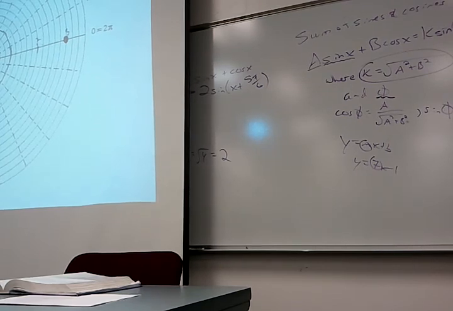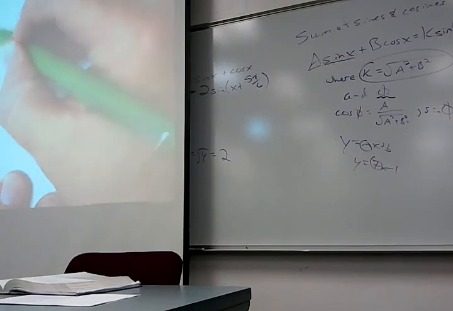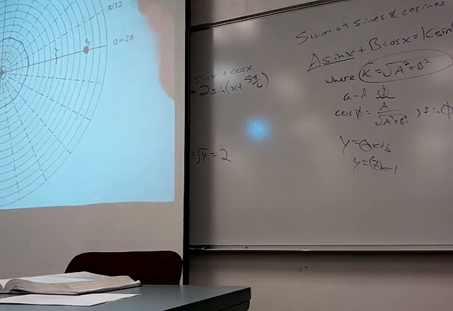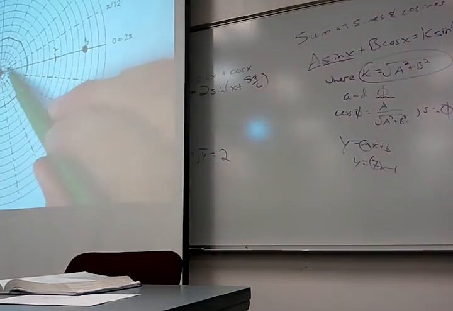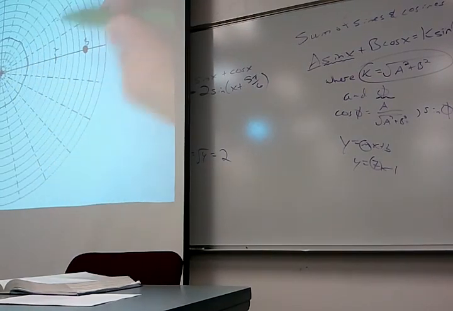Okay, 2.6. This is roughly 2.6. Cool. So, how are we doing so far? Okay. So if you're facing pi over 6, you go out 2.6.